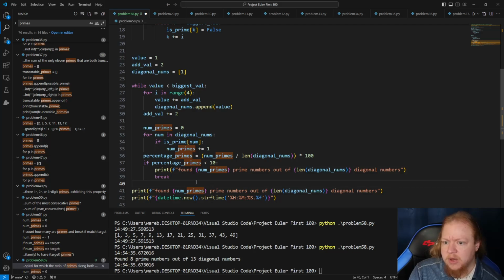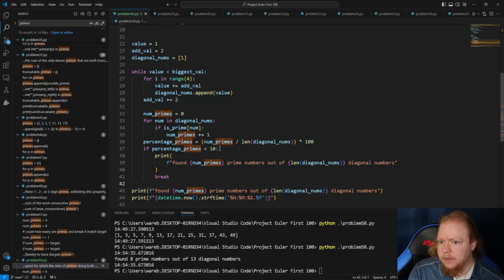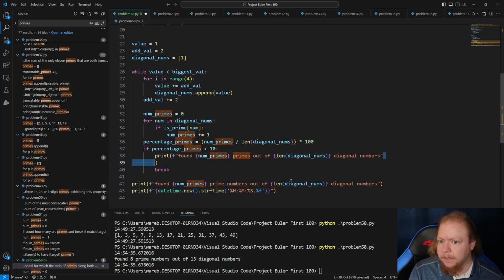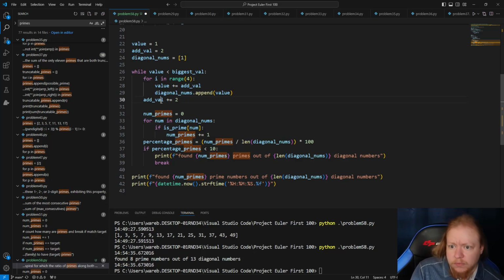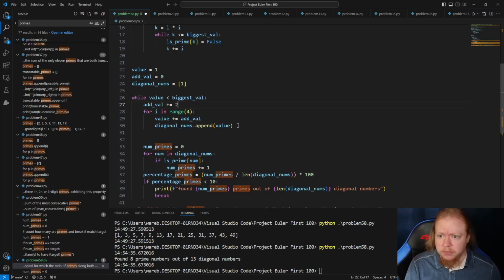And then how do we know the length of the side here? Start it at 0 instead, so I can have this in front of this for loop.